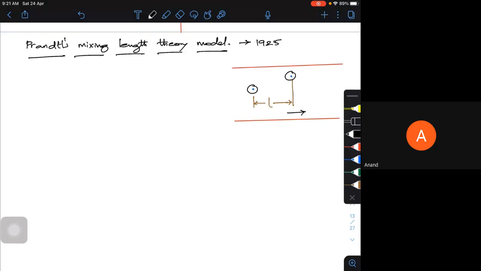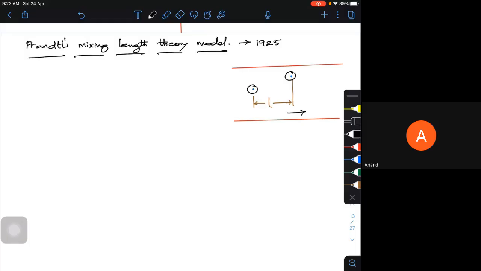So what Prandtl's mixing length tells us is that if I analyze the momentum of this particle between these two points, it should be conserved. That means I should be able to know its value based on my shear stress phenomena. So that's what Prandtl's mixing length said.